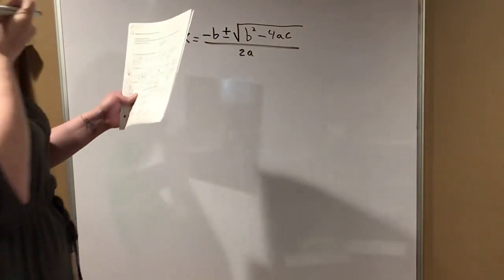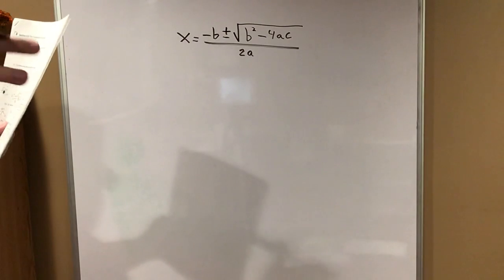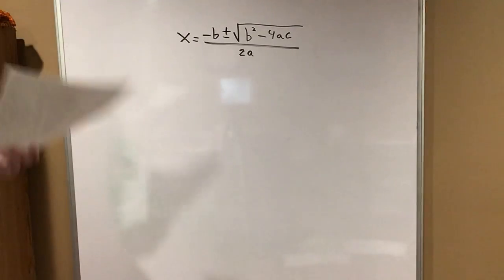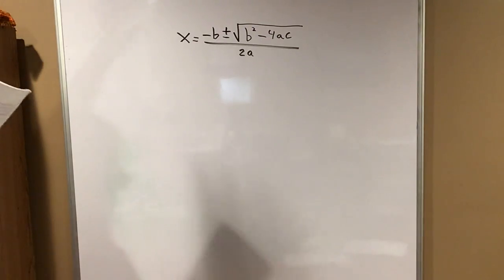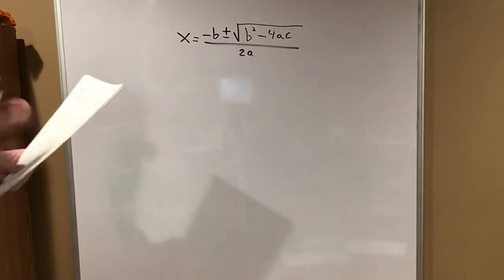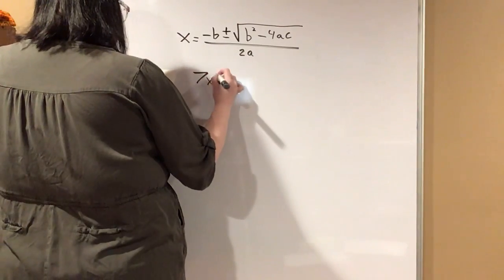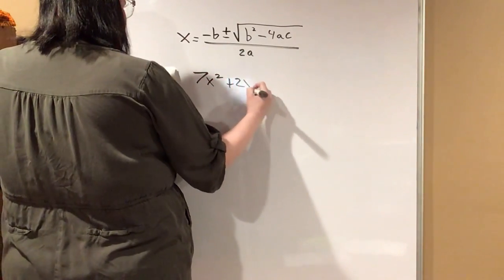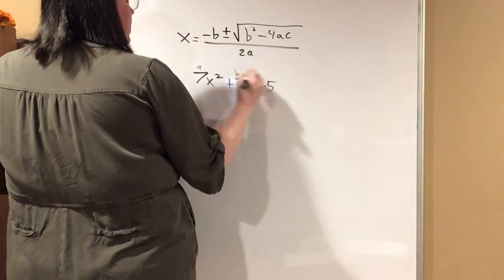Well, we learned our standard form, right? It was ax squared plus bx plus c, where a, b, and c are usually numbers. So now we're just going to plug those numbers in when we're given an equation. So we have 7x squared plus 2x minus 5. Well, a, b, and c.